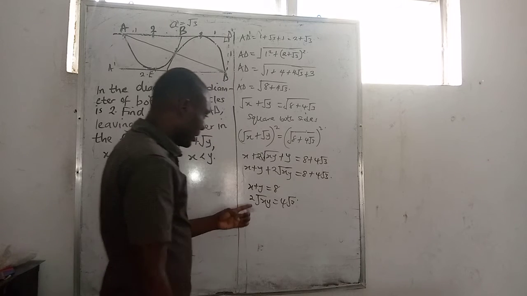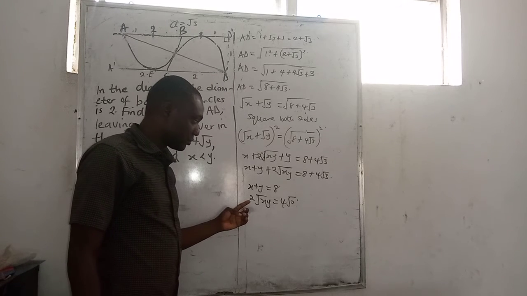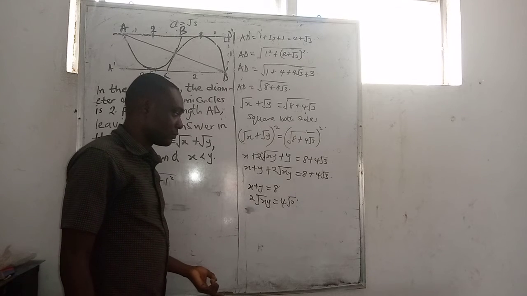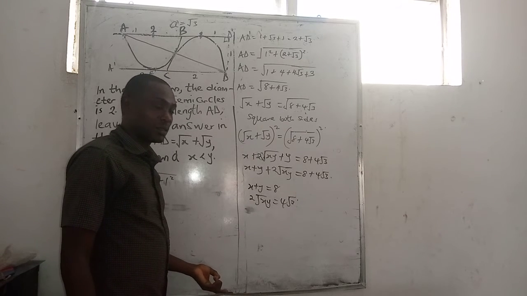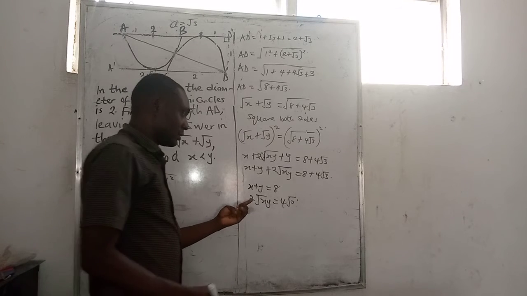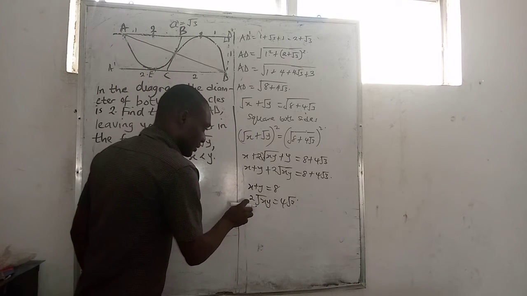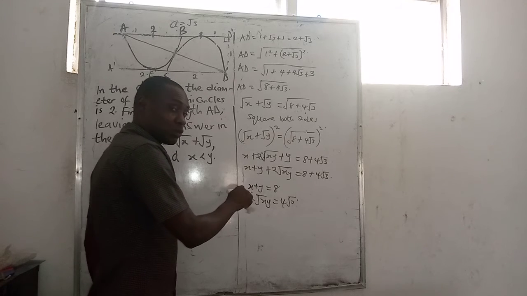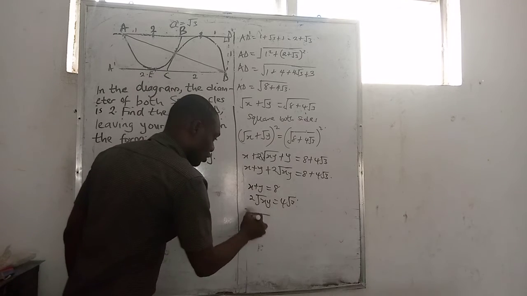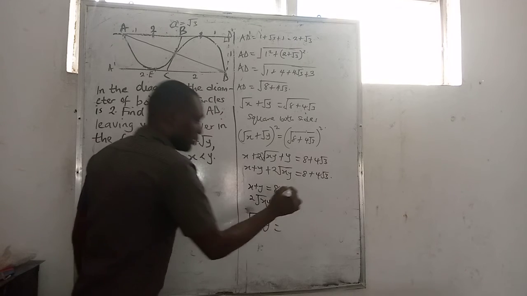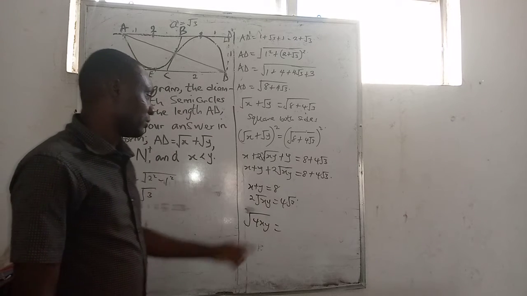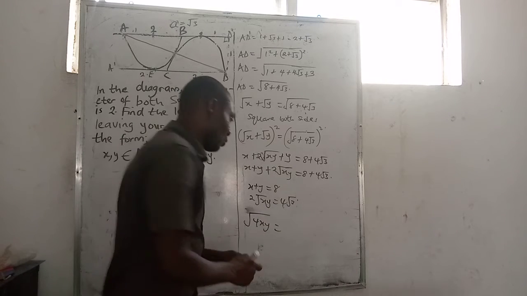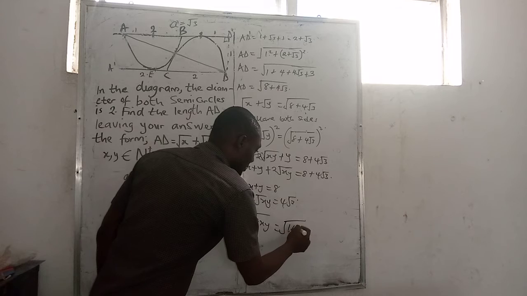Now how do we make this equal to this? You know that 2 is the square root of 4. So we can take this up and say 4xy equals, now 4 is the square root of 16, so we can say 16 times 3.